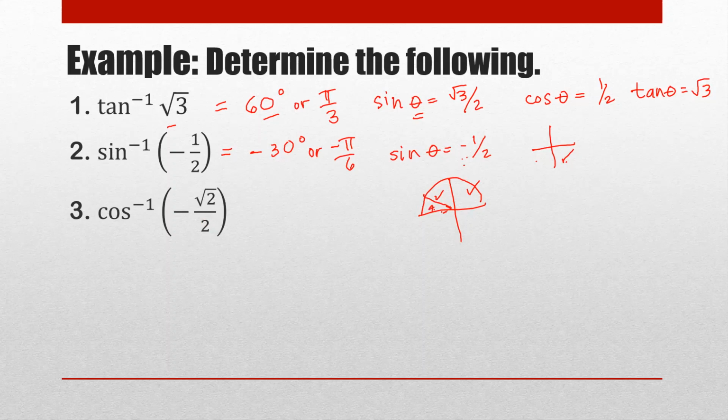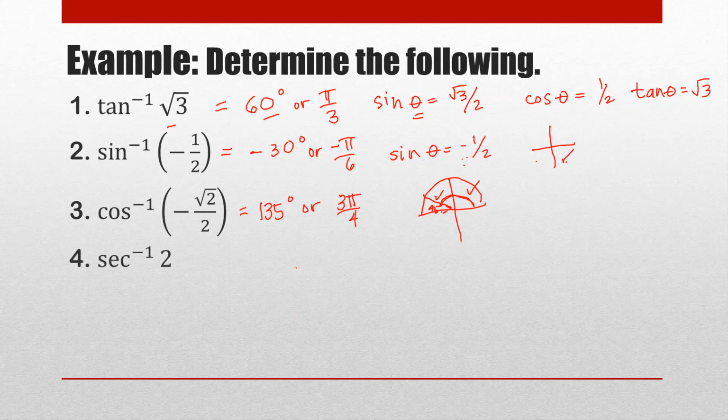Nung 45 degrees is 135 degrees. So, the answer here is 135 degrees or 3 pi over 4. Nasa second quadrant po yan. Okay? Kasi arc cosine is either on the first or second quadrant.